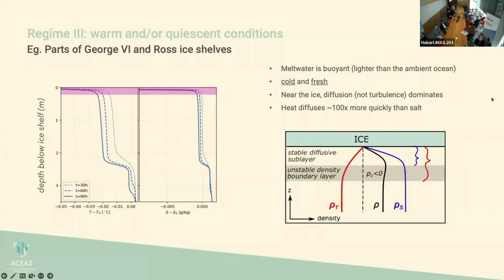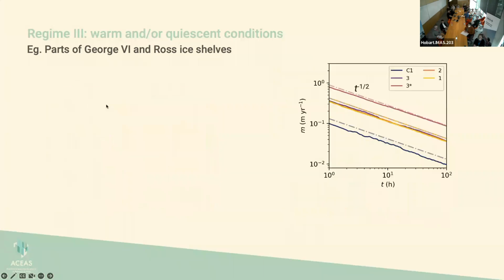Oh yeah, and you can see these boundary layers up here in this figure on the left. So what does this mean for melting? All right. So on the right-hand side, I'm showing results from a bunch of our diffusive convective experiments. And sorry to use the words double diffusive convection and diffusive convection interchangeably, but anyway. So this is the melt rate, and this is what's happening as a function of time.